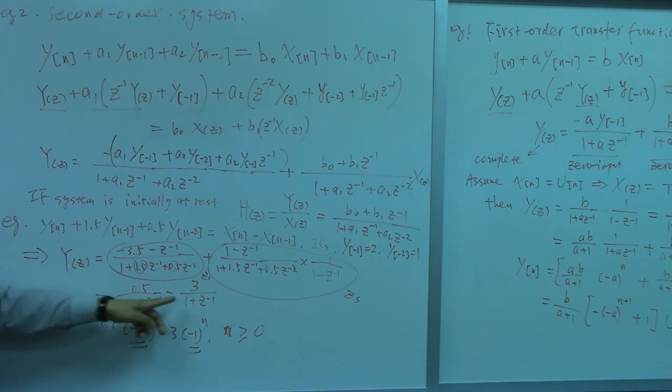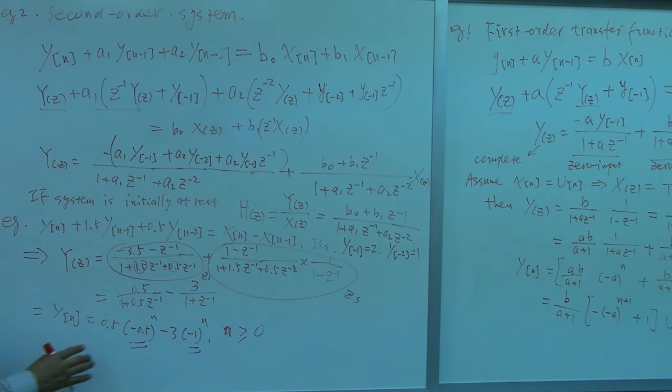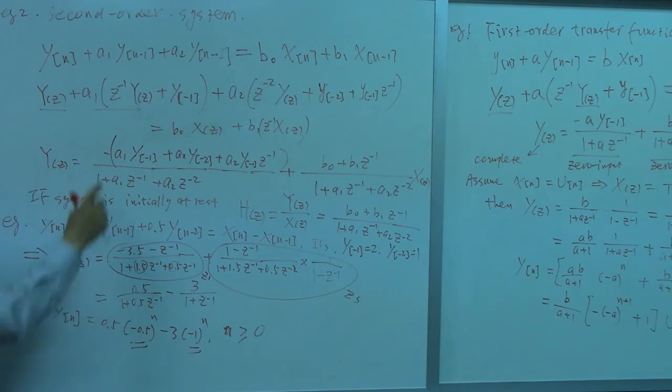So if I want a response of this kind, then you know this term here, so you can design the system. That's why we analyze this system from here. Analysis of a system is one thing, the design of a system is another thing.